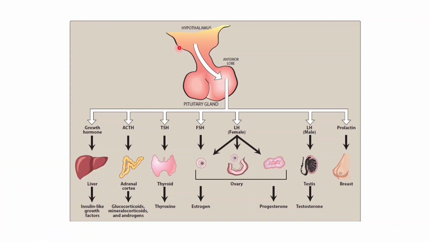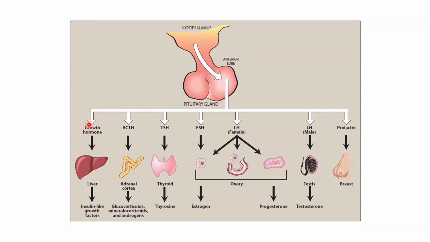And this is the hypothalamus, and then it sends the releasing hormones. So the hypothalamus will synthesize and send releasing hormones to the pituitary gland, and then the pituitary gland will produce tropic hormones and release them to the blood.